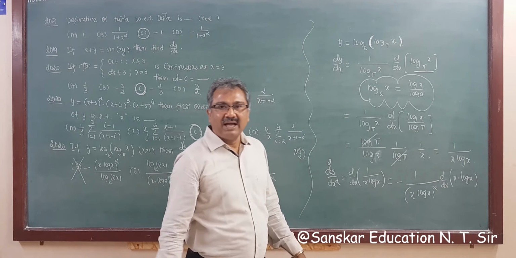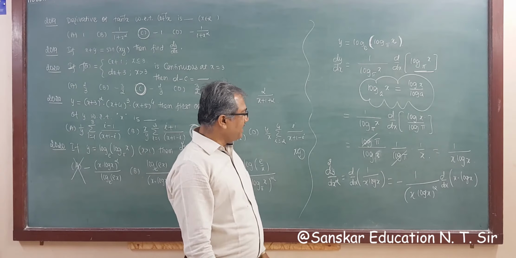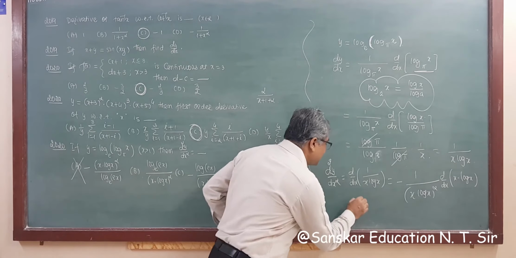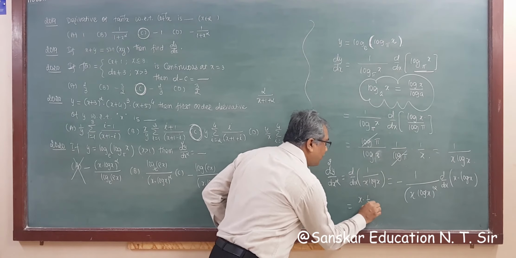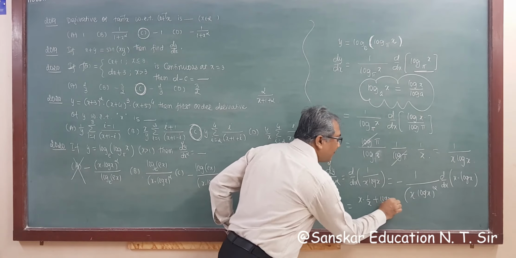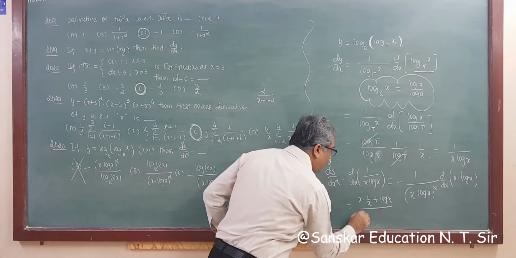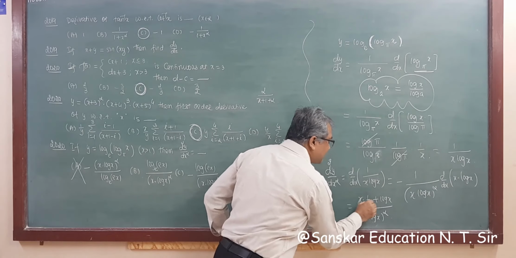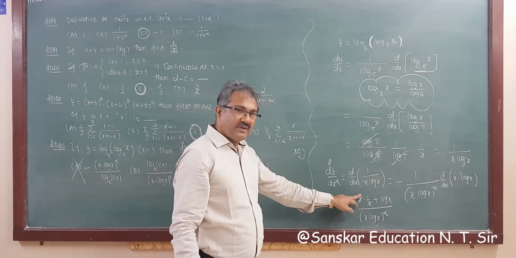d by dx of x into log x. Now this is u into v: x as it is, derivative of log x is 1 upon x, plus log x as it is, derivative of x is 1, whole upon x into log x whole square. This x will be cut. So 1.